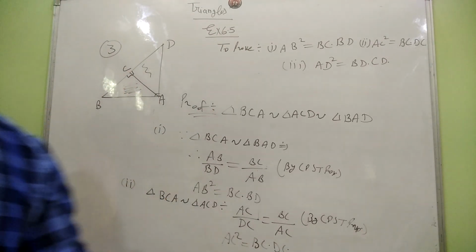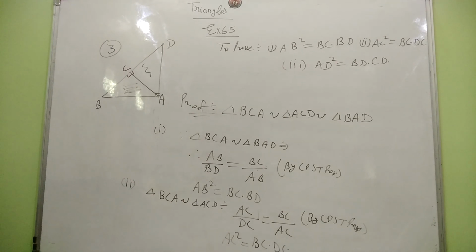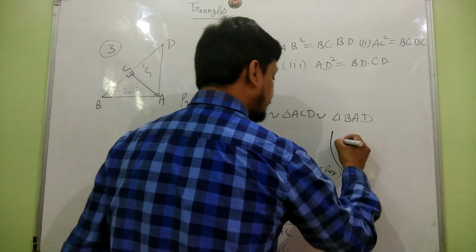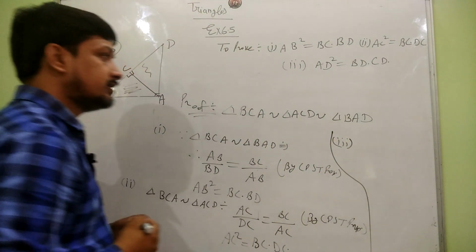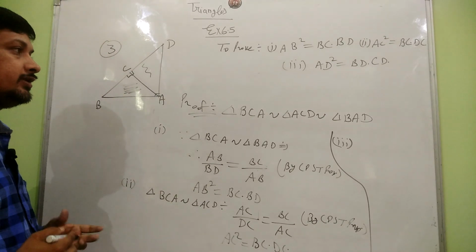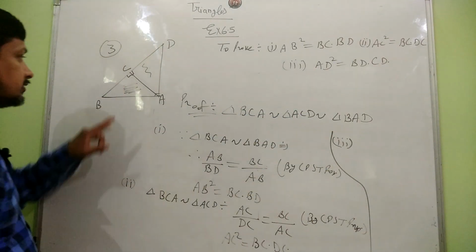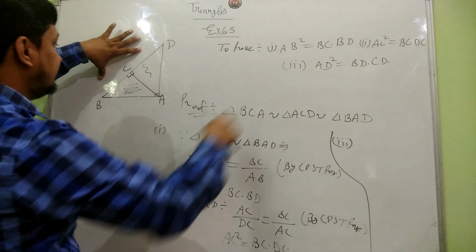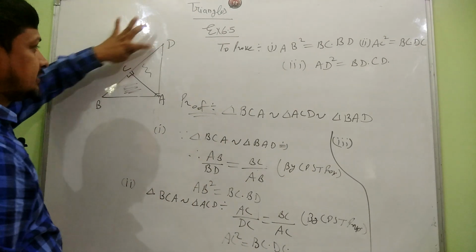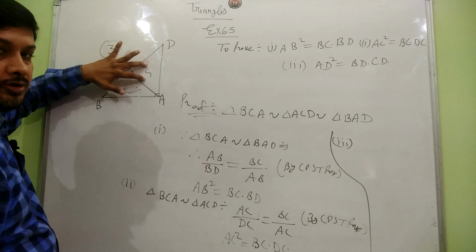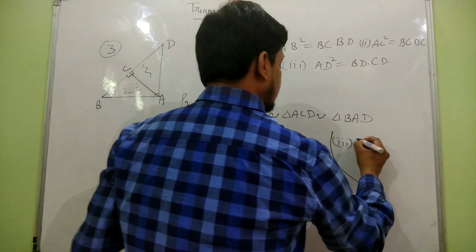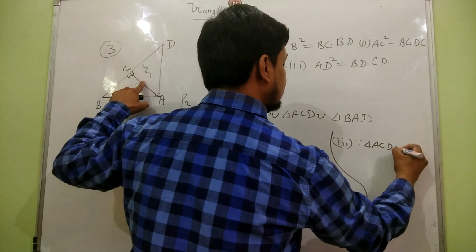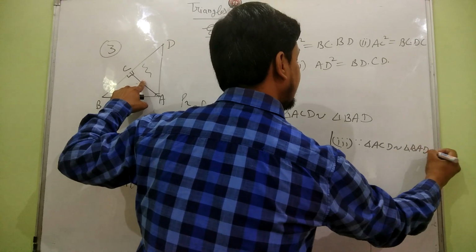Okay, now we have to do the third part. For the third part, which triangles do we need? AD, BD means the whole triangle, and AD, CD, the small triangle. This time we will take this whole triangle and this small triangle. So triangle ACD is similar to the whole triangle BAD.